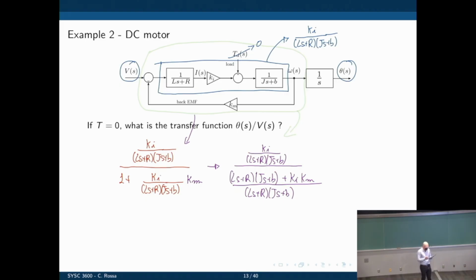Now we see that the denominator and the denominator here will cancel out, and this simplifies to Ki over the result here, Km.